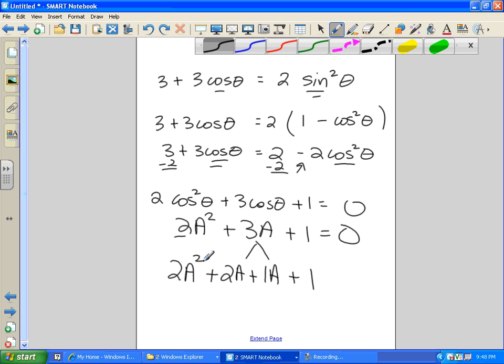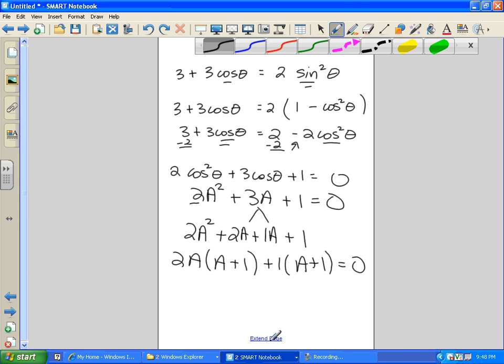So now let's group it here. Out of the first group, we could factor out a 2a, and that would leave me with a plus 1. My second group, just factor out a 1. That would leave me with a plus 1. And so now we'll have a plus 1 times 2a plus 1. And now let's solve.